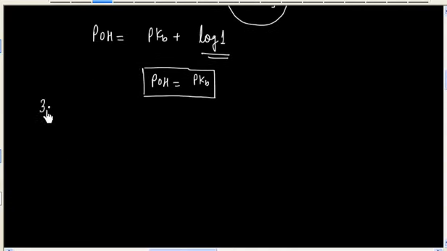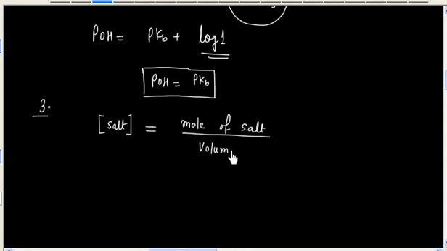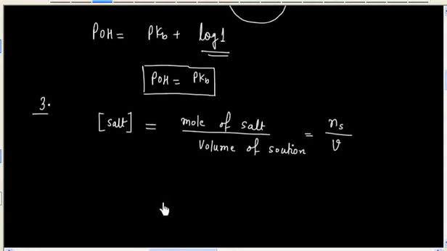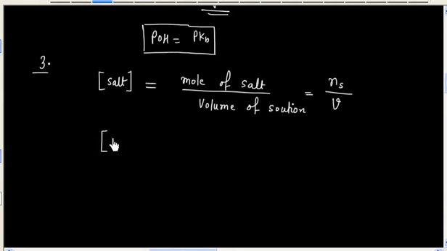Now next important point, we can also write concentration of salt is equals to mole of salt divided by volume of solution. Let us say mole of salt is Ns and volume of solution is V. Similarly, concentration of base can be written as mole of base divided by volume of solution.